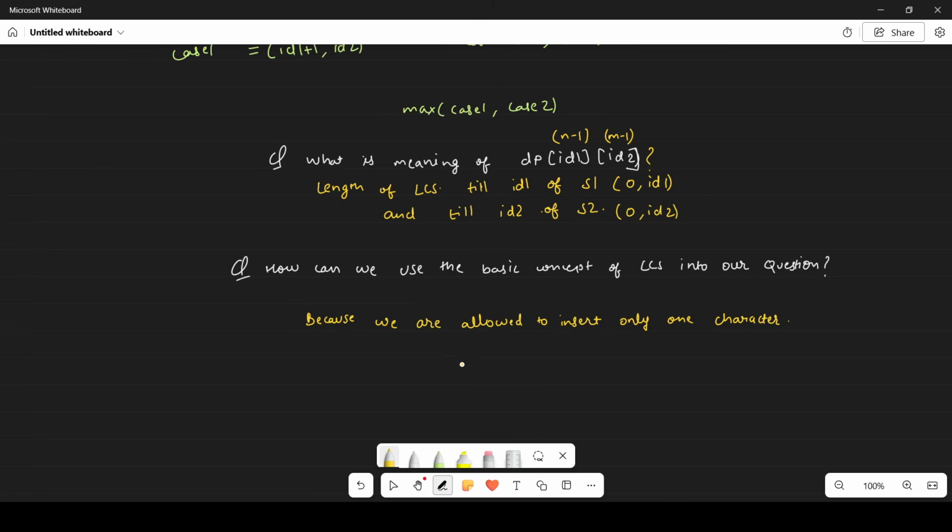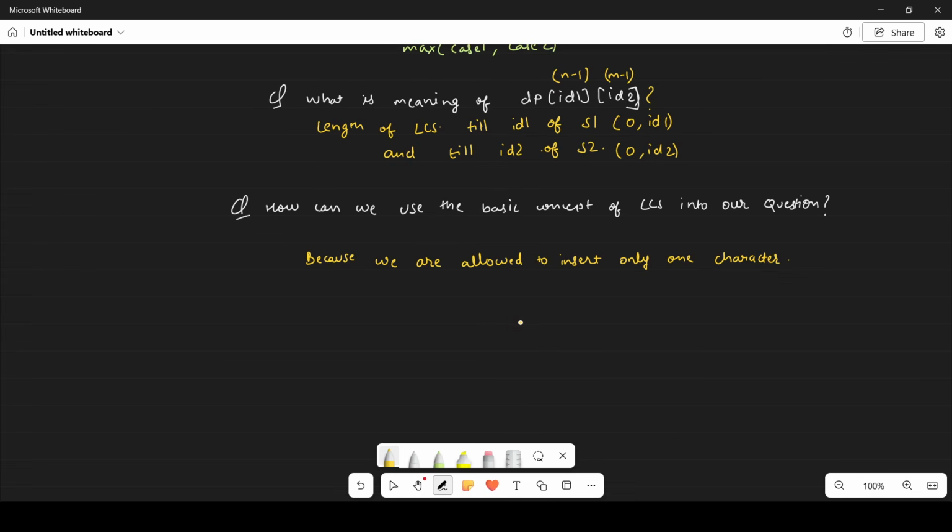so our problem is independent for the left and right part.